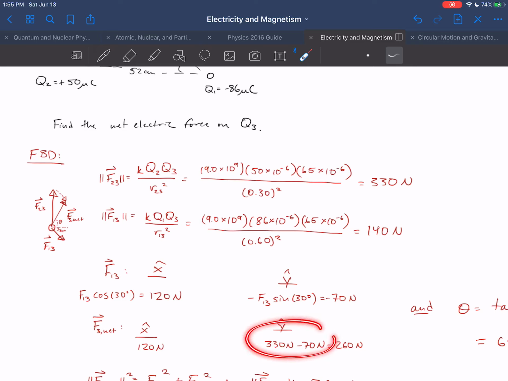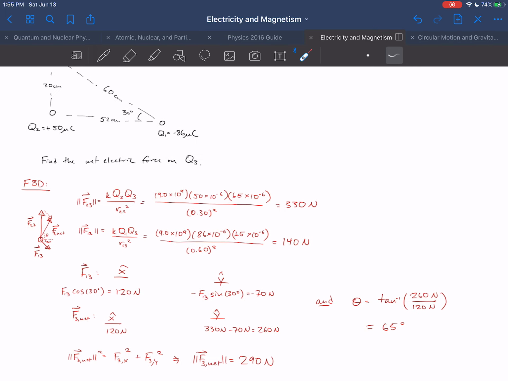So 330 newtons minus 70 newtons is 260 newtons, and 260 newtons is the vertical component of F3 net. It's the vertical part of our final vector. So to get the magnitude of our final vector, we simply apply the Pythagorean theorem. We square the x component of F3 net, add it to the square of the y component of F3 net, and take a square root. And that gives us a total magnitude of 290 newtons for F3 net.